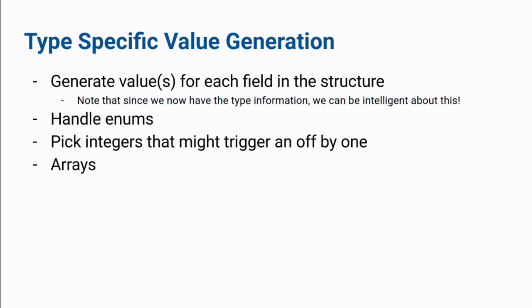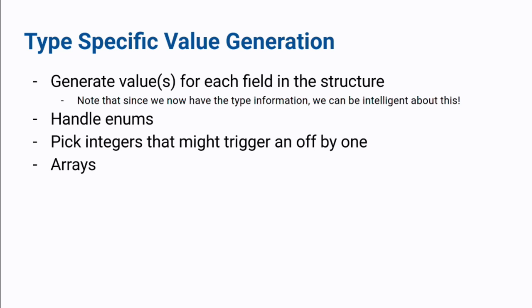And we can be pretty smart here. We know the type of every single one of these elements. We know if something's an integer, a long. We know if it's an enum. So for enums, we can try to pick values that are correct or incorrect. We can intelligently pick integers that might trigger, say, a buffer overflow boundary or an off-by-one, so maybe closer to a power of 2.